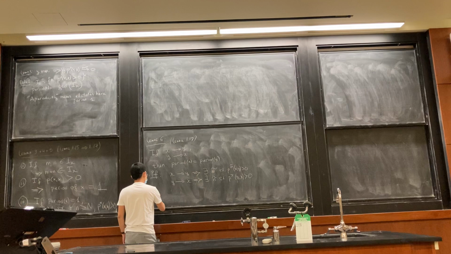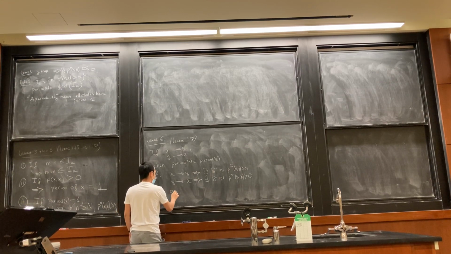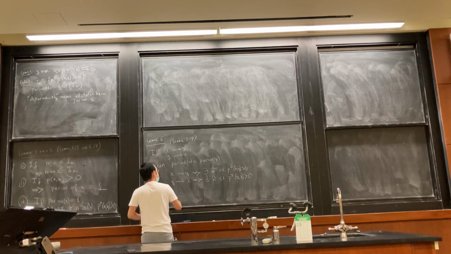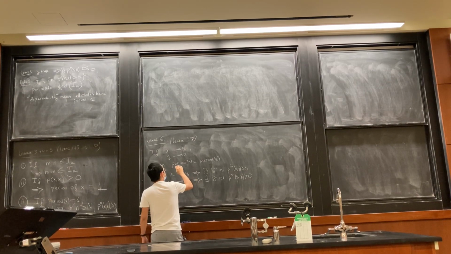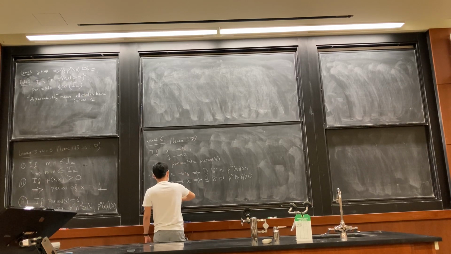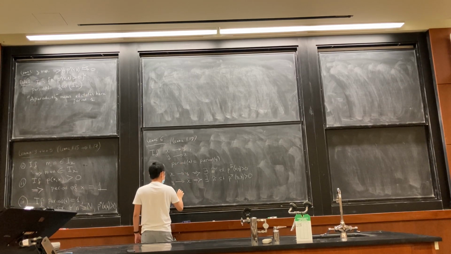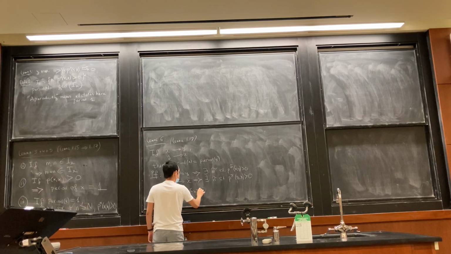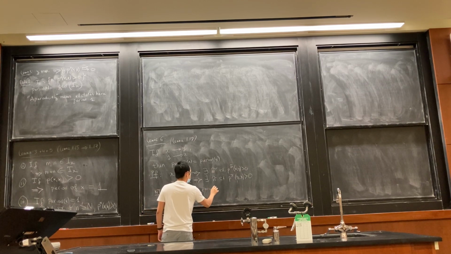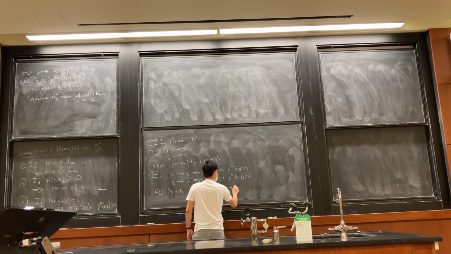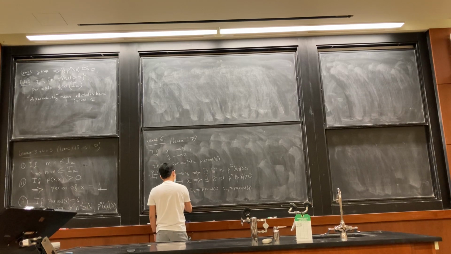So let me denote CX as the period of X and CY as the period of Y. So one direction is CX is always less than CY.